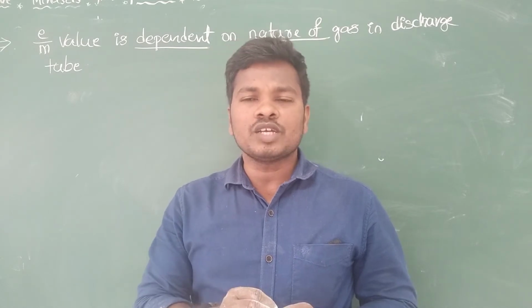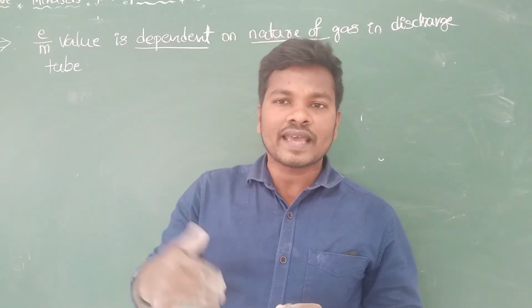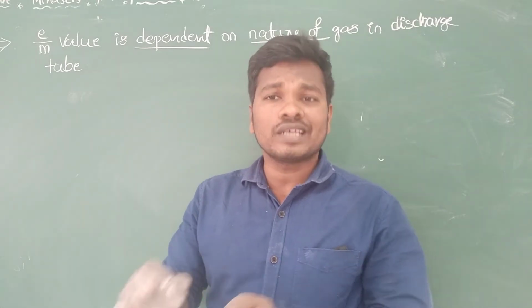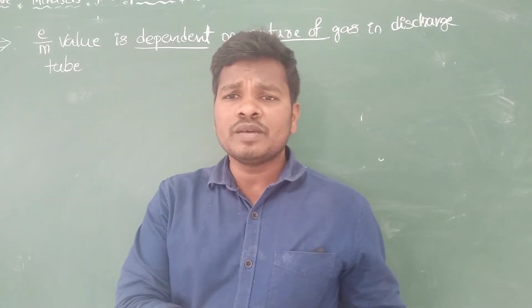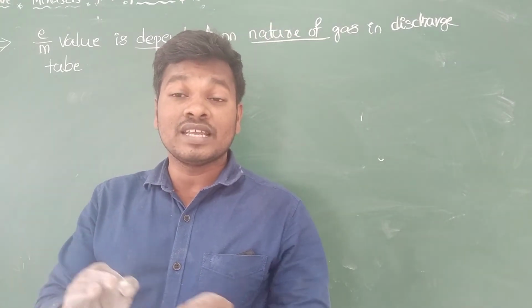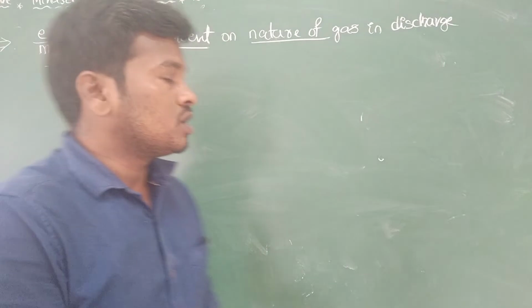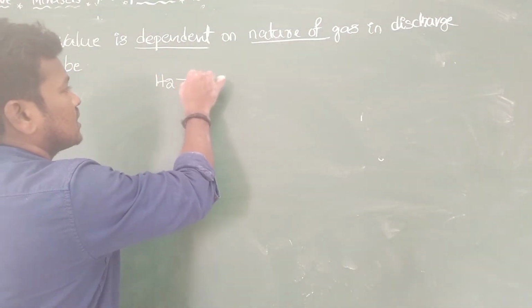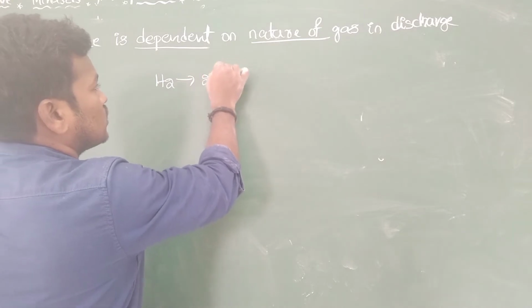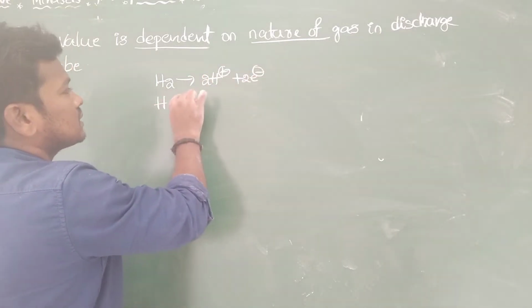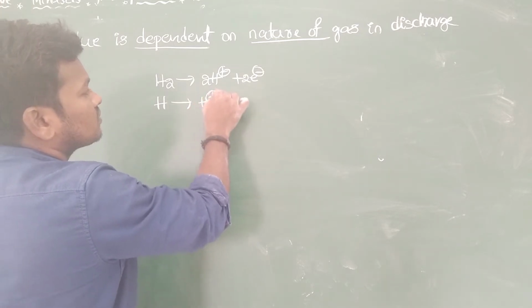The e/m ratio changes with the changing of the gas in the discharge tube. For example, take hydrogen gas. Hydrogen gas is ionized into 2H plus 2 electrons, so one hydrogen gives 1 H plus and 1 electron.